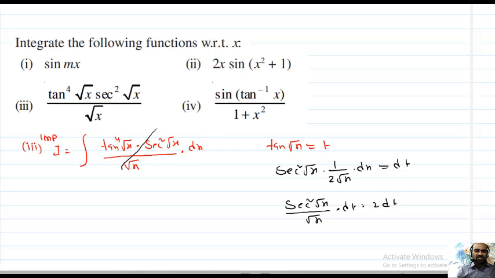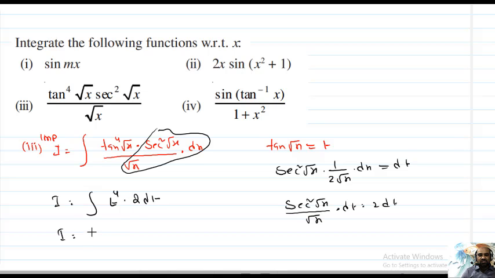So directly I can write 2 dt. So I equals the integral of tan root x, which is t power 4 directly, into 2 dt.